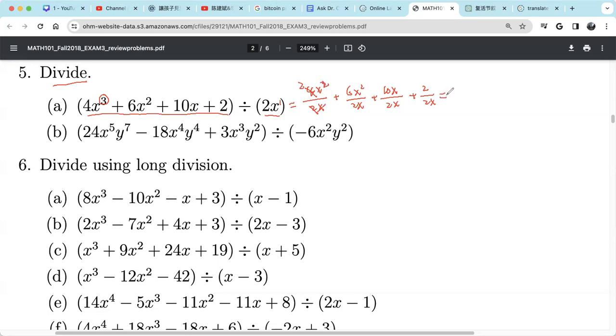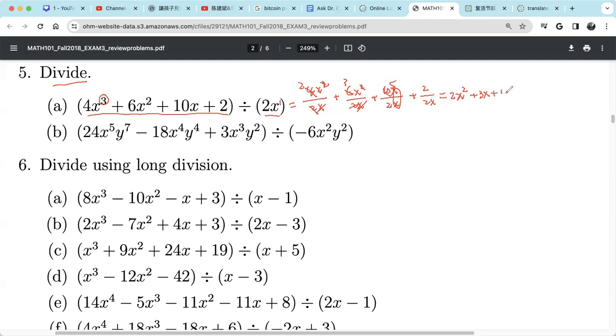So the first term gets 2x squared. The second term, 6 divided by 2, gets 3, and x squared divided by x is just x, so we get 3x. 10x divided by 2x: x divided by x becomes 1, and 10 divided by 2 becomes 5.